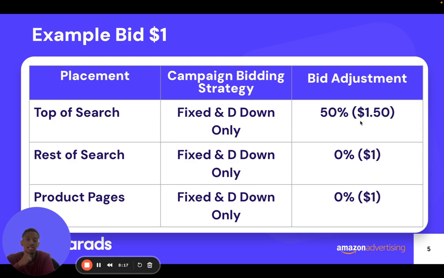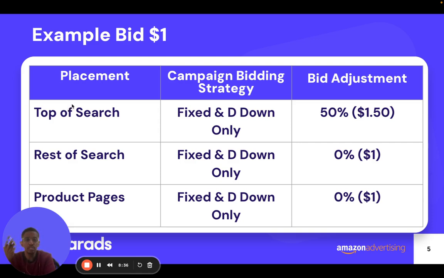So you're basically telling that particular campaign that actually you really do want to prioritize top of search. You can be as extreme as putting this up to 200%, 300%, 400%. And from time to time, we do that because we have seen that top of search is where the sales come in, where we convert best.